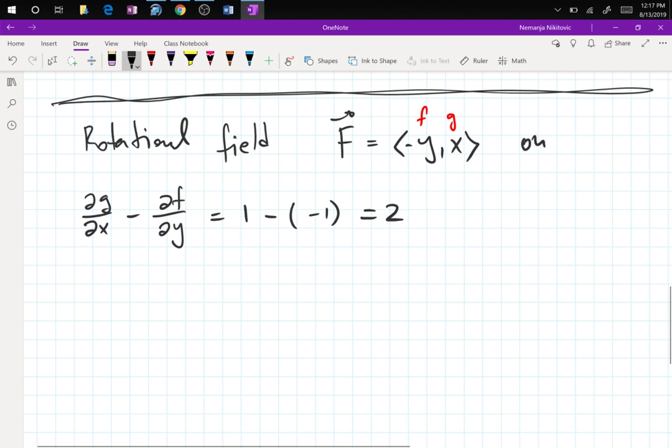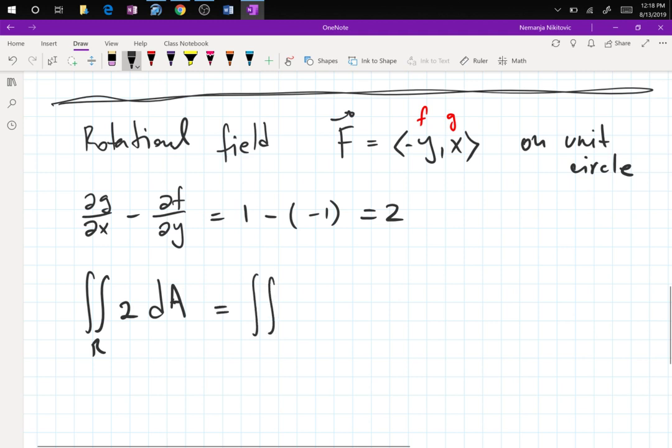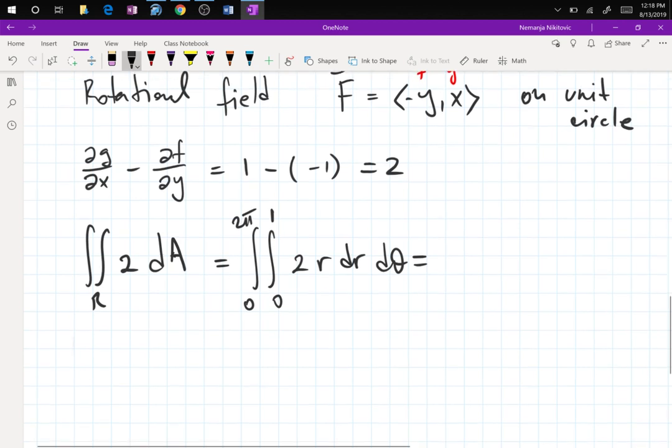We are again on the unit circle. So now when I set up my double integral over region R, I am integrating 2 dA. The double integral is 0 to 2 pi, 0 to 1, and then I have 2r dr d theta, because I am using a polar integral here because we are integrating over a circle.